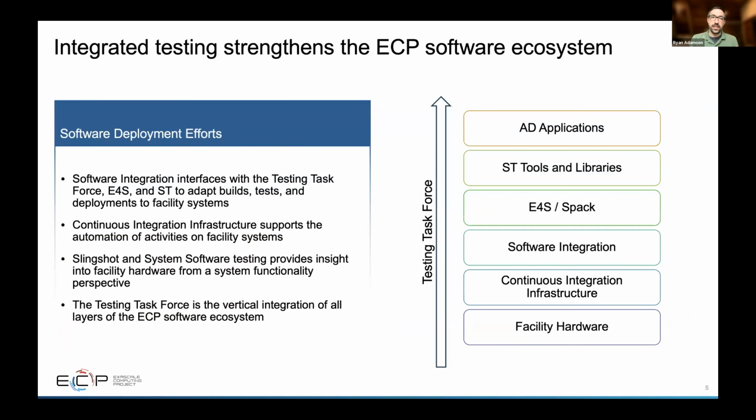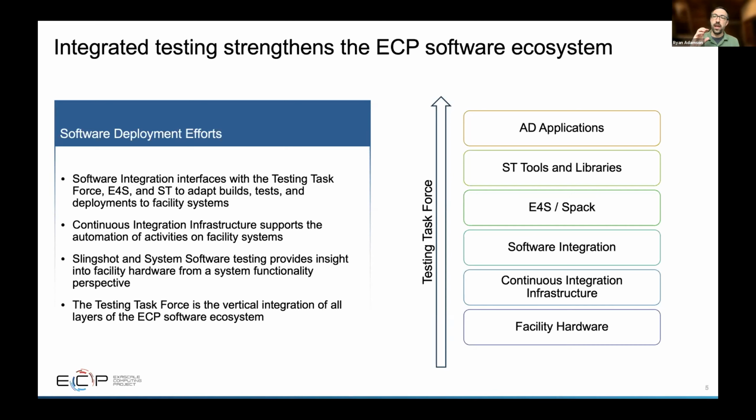And when you put all these things together with the rest of the ECP software portfolio, I like to think about these things as layers of a cake in some sense. So on the right-hand side, you really have the AD applications and ST tools and libraries up at the top, and that's primarily what ECP is driving forward.